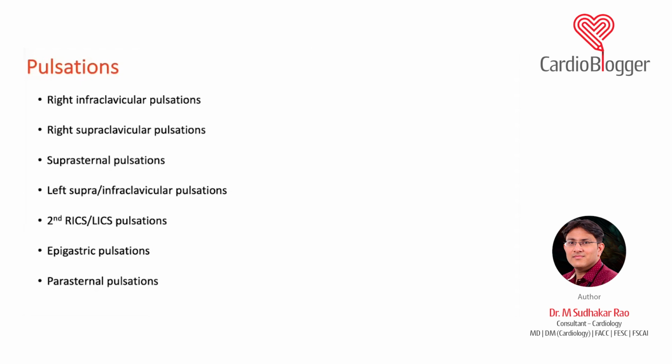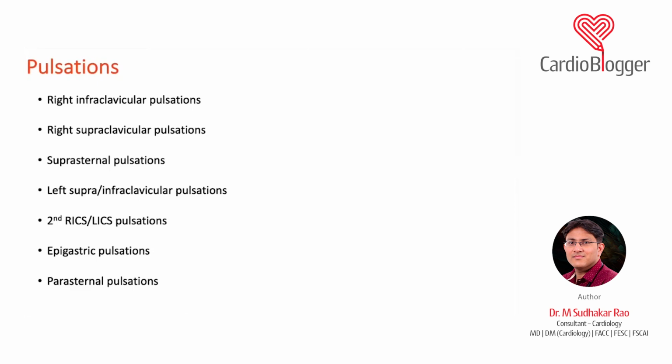Then we have right supraclavicular pulsation, which is usually seen in cases with chronic severe aortic regurgitation, where you get the dancing carotids, and also you can get the right supraclavicular pulsations in cases of aortic regurgitation. The suprasternal pulsations are very important because they suggest increased flow across the arch.